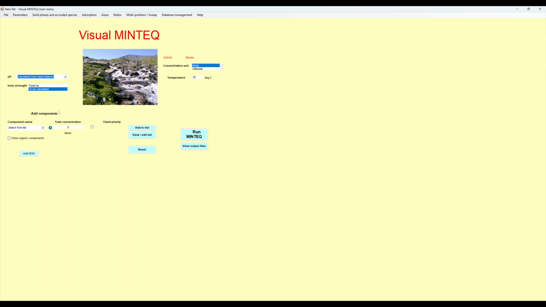And then we can add individual components. So this is the key here. Again, we can have the total concentration at the beginning, in molal. Let's say we could change this to millimolar, but let's keep it at molal. Or the second scenario, a fixed activity at equilibrium.